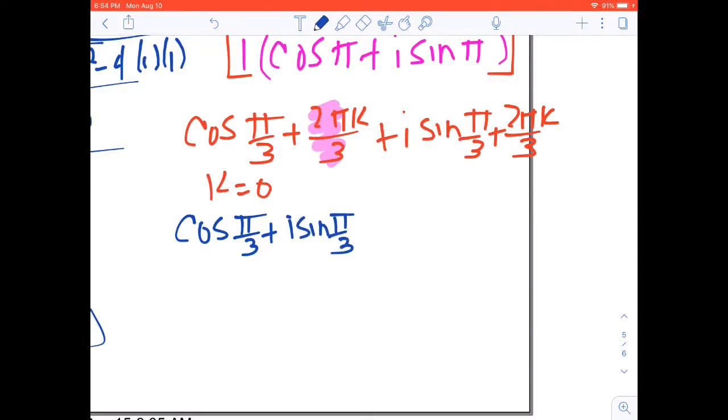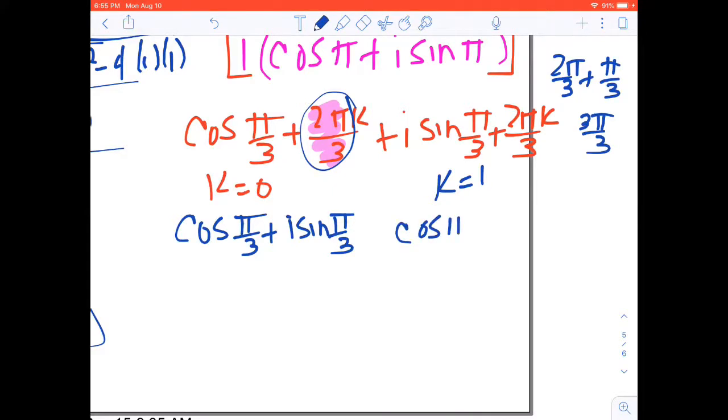Now, when k is equal to 1, which is the second iteration, all I do is add 2 pi over 3 to my previous argument. Well, 2 pi over 3 plus pi over 3 gives me 3 pi over 3, which is pi. And when I do my last iteration, which is k equals 2, and this is why I just feel compelled to write those because they're per definition, but if I was doing my own work, I would just keep adding 2 pi over 3 to my previous argument.